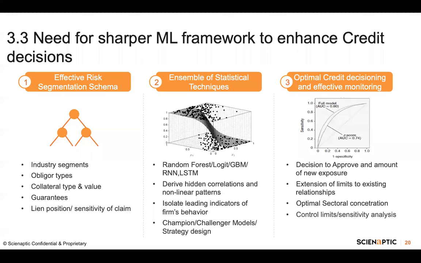The third dimension for enhancing the credit decision comes from optimally deciding whom to approve and what amount of new exposure to be given. Typically, what we have seen is banks or financial institutions, once they determine an approval or decline, their credit assignment or the amount assignment is based on certain tier or categories of risk, and the slabs are then allocated.